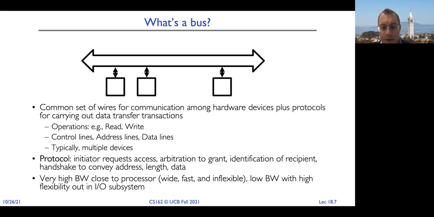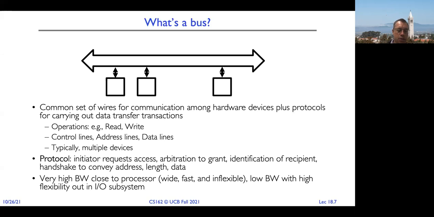For a particular device, you have not only data, but also control data. For instance, for a disk, as we'll see, you need to tell the disk where a particular block is on the disk to read or to write. This happens on the control lines. And the controller, like the yellow box, is going to decide and instruct a device, using the control lines, what to do and where to get the data from or to write the data to.